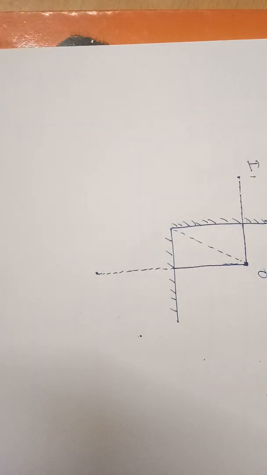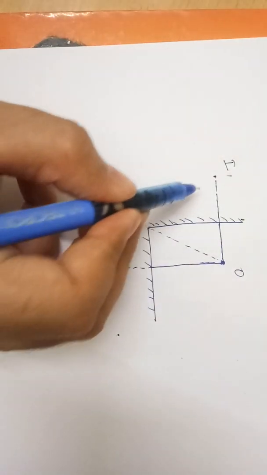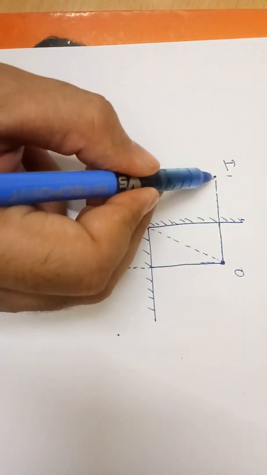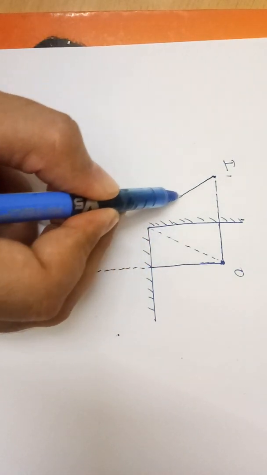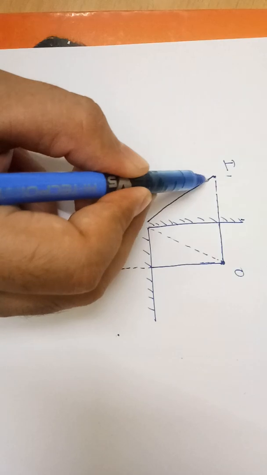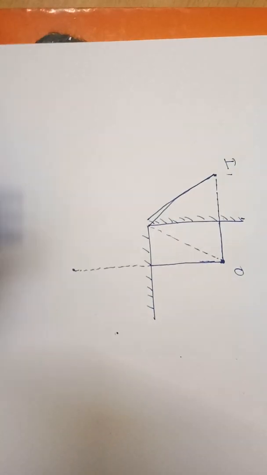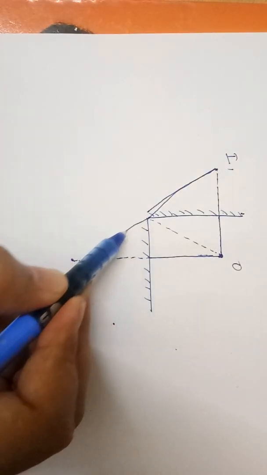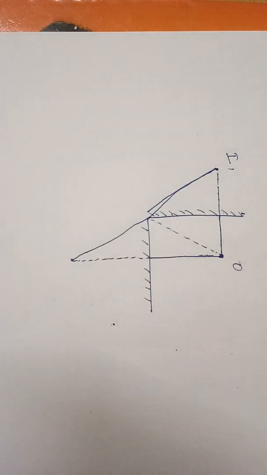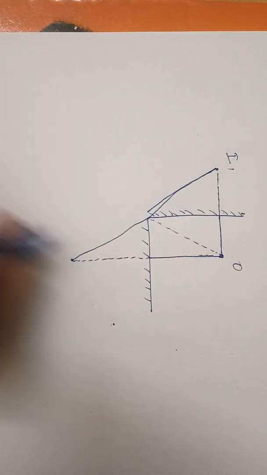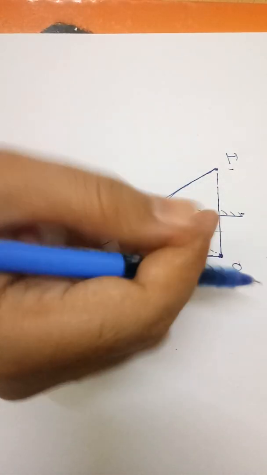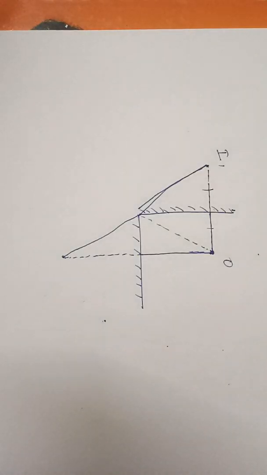right? Now if we complete the triangles, so I am completing this triangle, this one, and I am also completing this triangle, right? This distance is equal to that one, okay, and this is the common side.